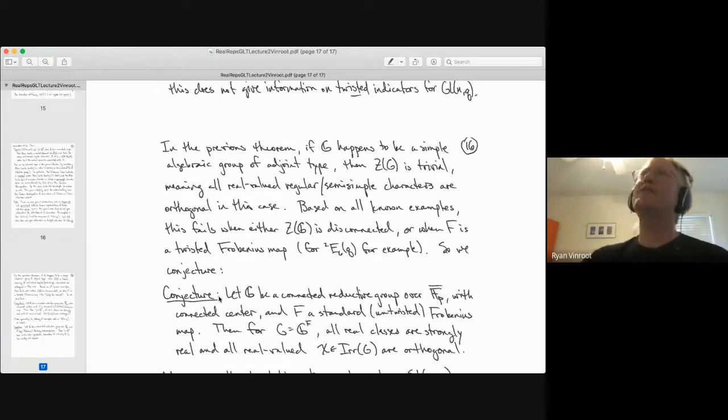Then one can take the simple groups of adjoint type and build out of it a general statement for connected reductive groups with connected center. But this is a structural question about how one puts together these groups from the simple type groups.